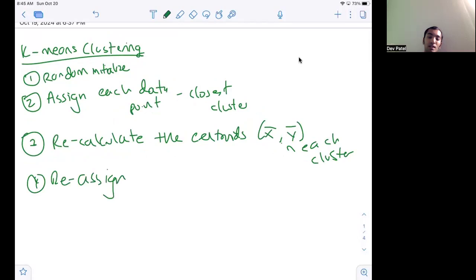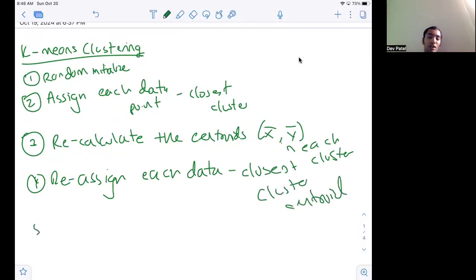We reassign each data point based on which cluster centroid they're closest to, and then we iteratively repeat this process until, in consecutive iterations of this algorithm, the clusterings don't change.